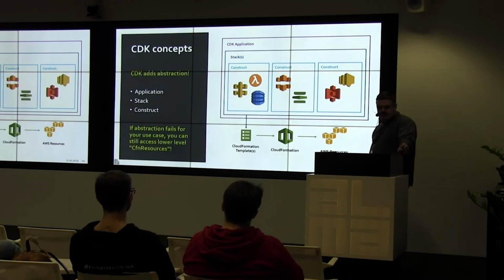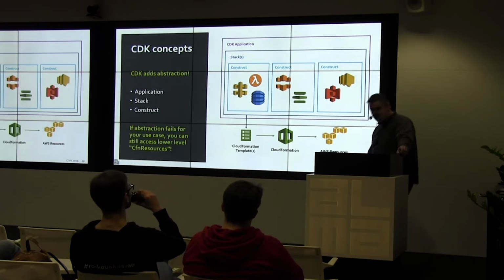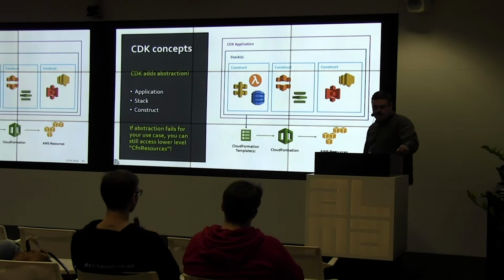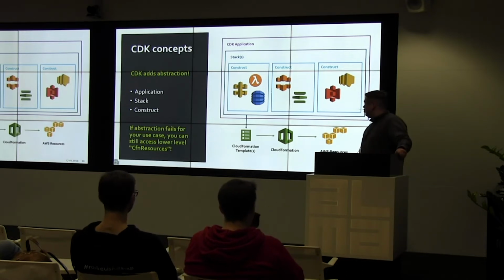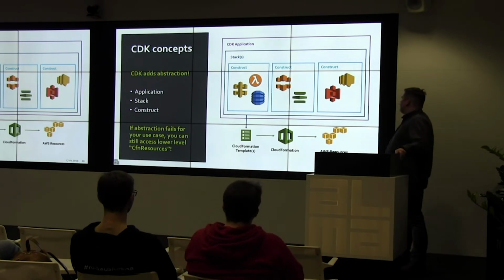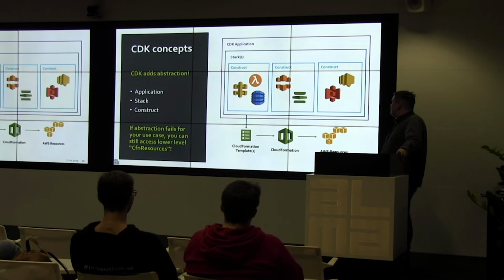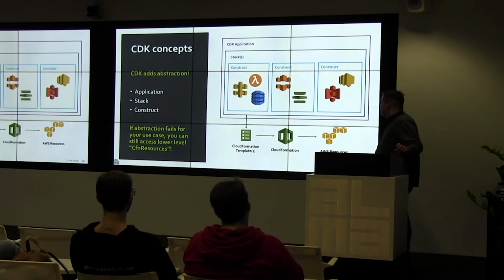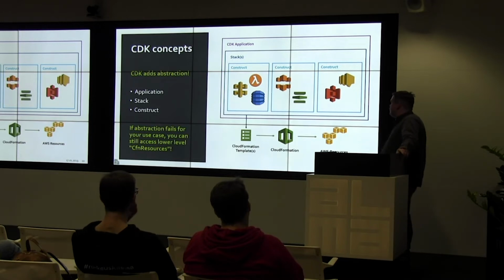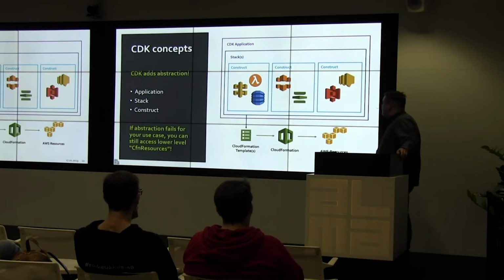And the main thing about CDK is that it adds abstraction. The way it adds abstraction is by providing these three layers called application, stack, and construct. How it works is that at the top level you have the application, and it consists of one or many stacks, and within a stack you have these constructs, and these constructs are really the interesting part about the CDK.